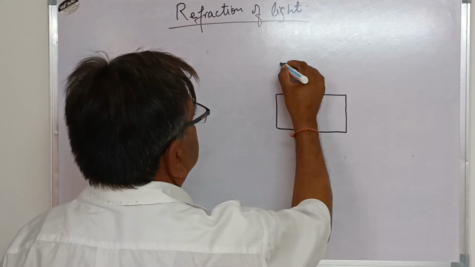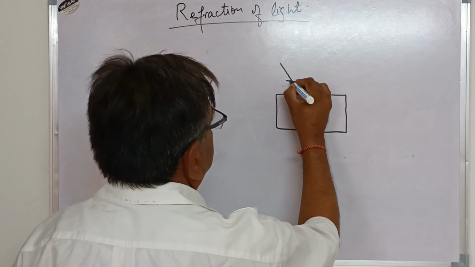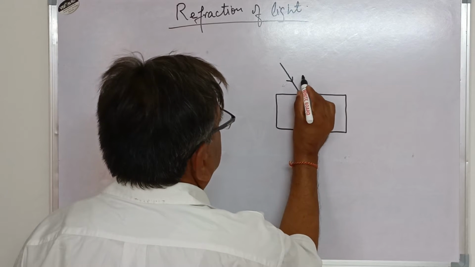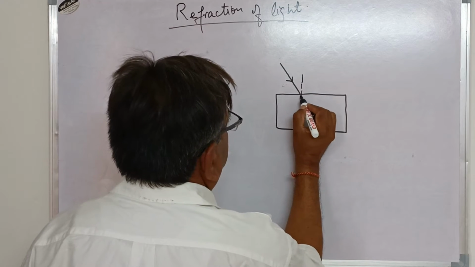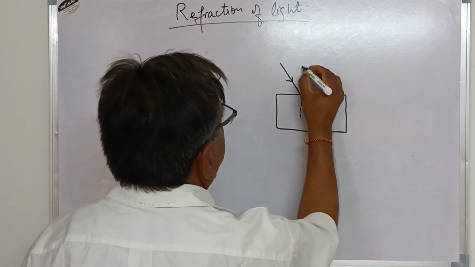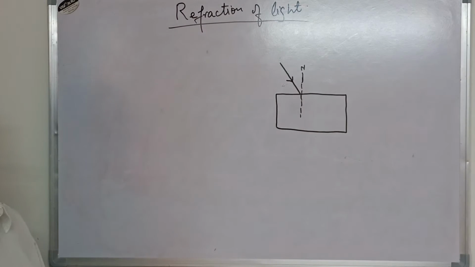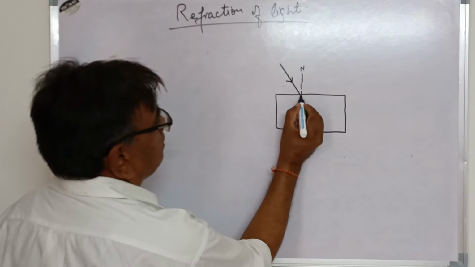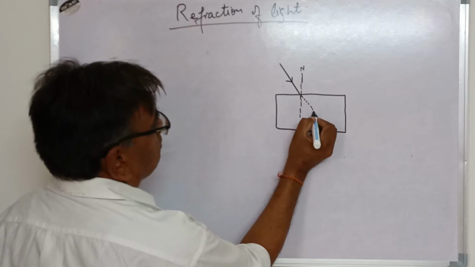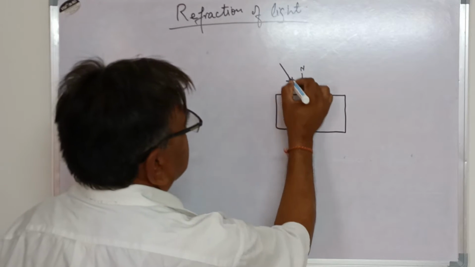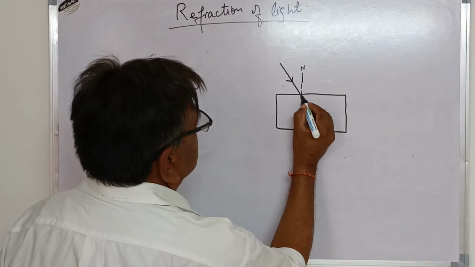Now we see that when a ray falls obliquely on the top surface, let this be the normal. So we see that this ray is not going in the same direction, but it bends towards the normal.